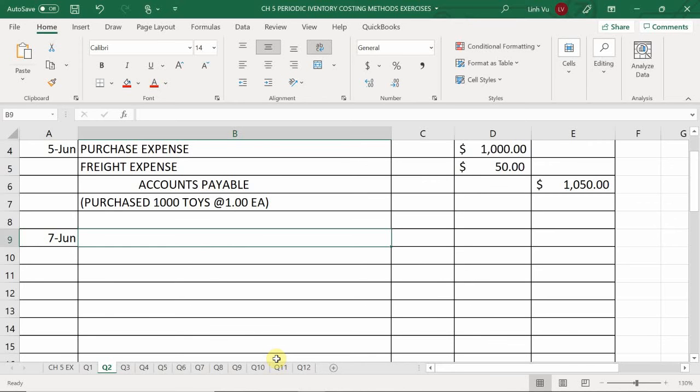I need to decrease my purchase expense because I'm not increasing my inventory. I'm going to decrease it because I have it now, but because 200 of them are broken, I need to take them out. So we would have to have a contra account, which purchase returns and allowances is. And if it's a contra account, should I debit or credit that account?